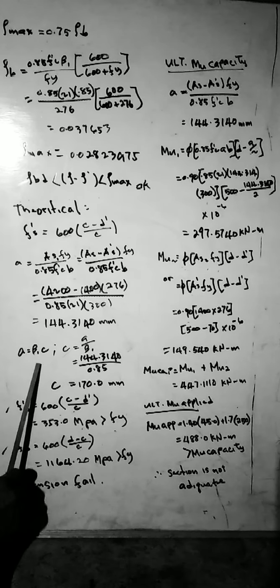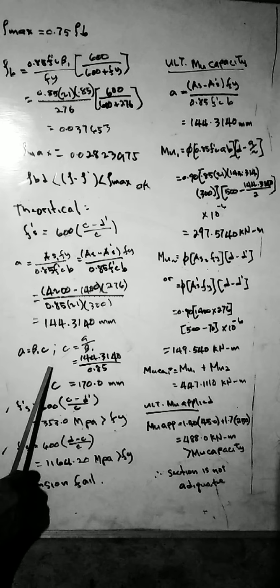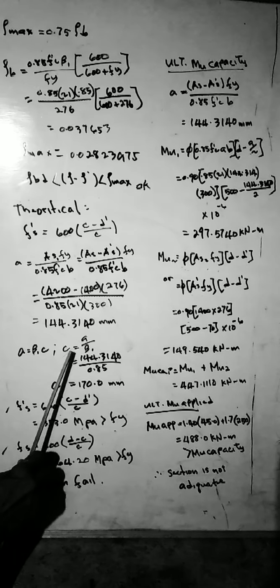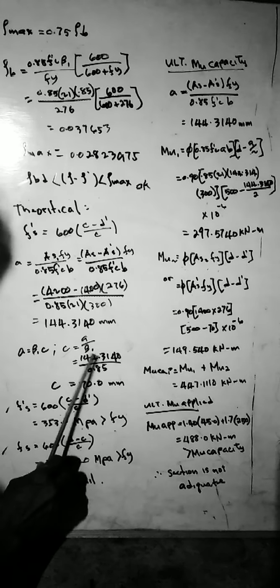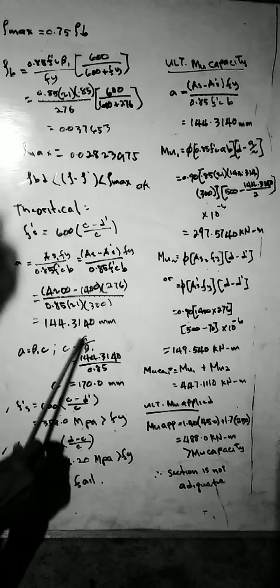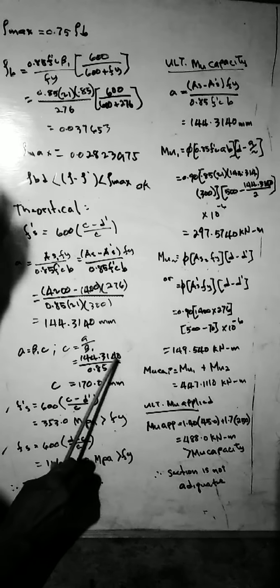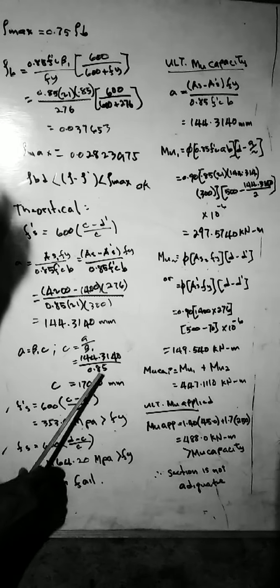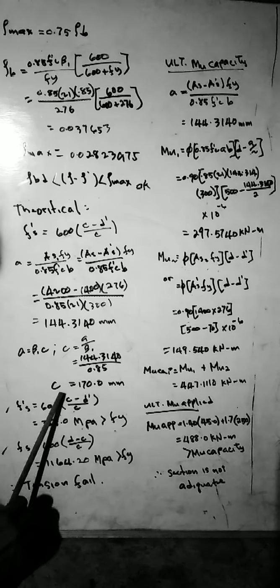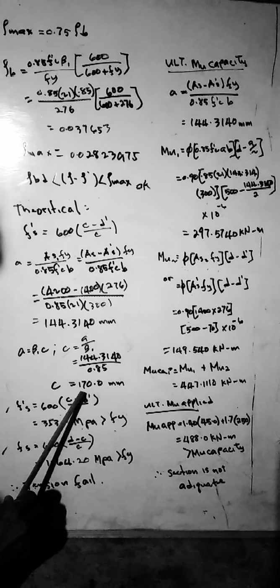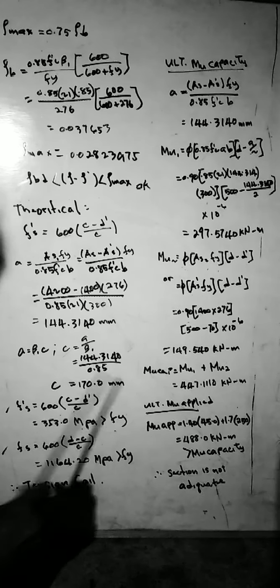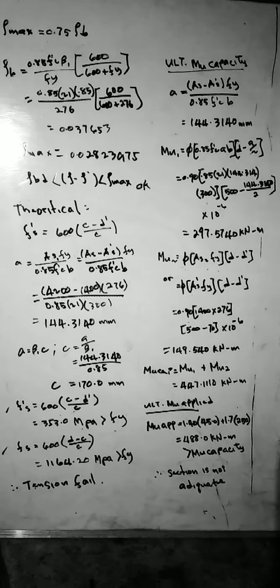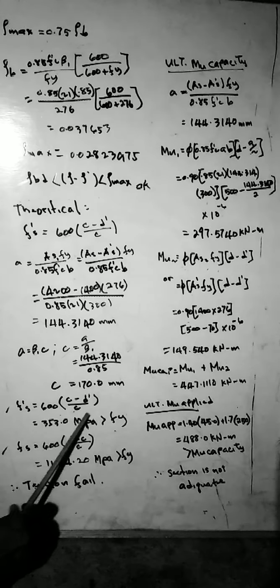But a is equal to beta sub 1 times c. Therefore, c is a over beta sub 1. A now is 144.3140 divided by beta sub 1, 0.85. The c is 170.0 millimeter. So that's the time we will compute the value of the f'_s, which is equal to 600 times this quantity.